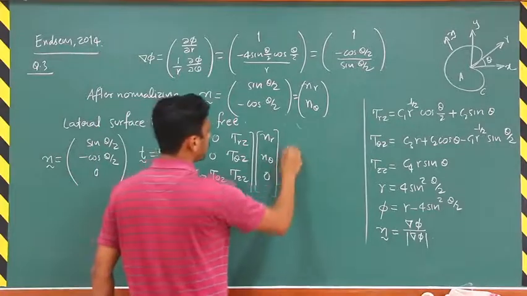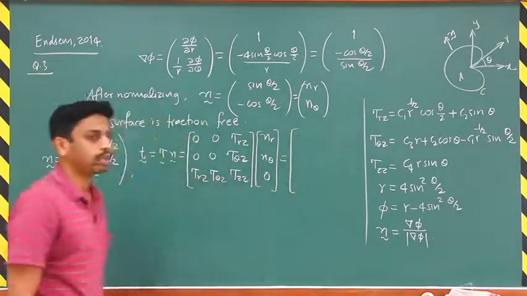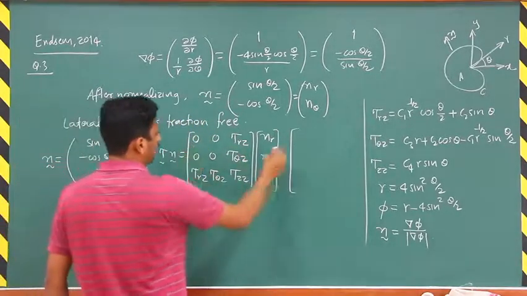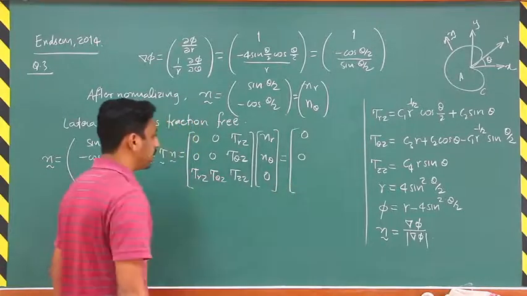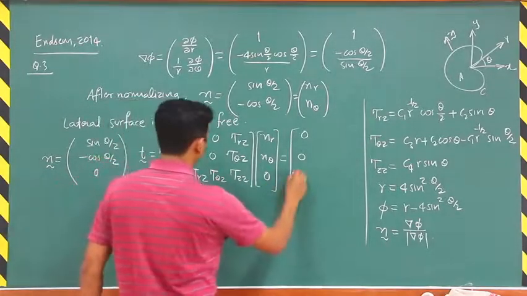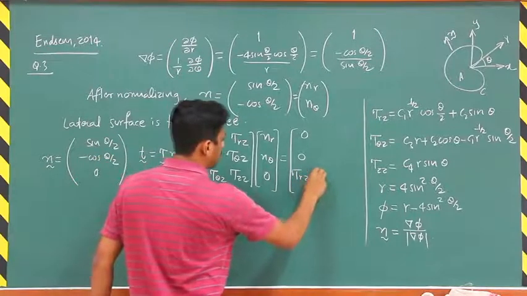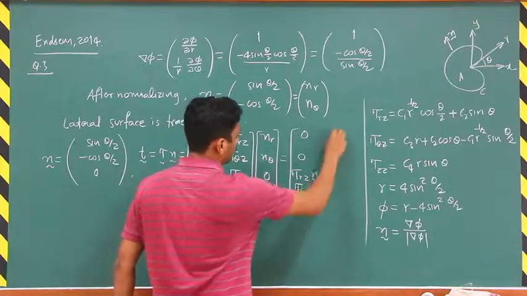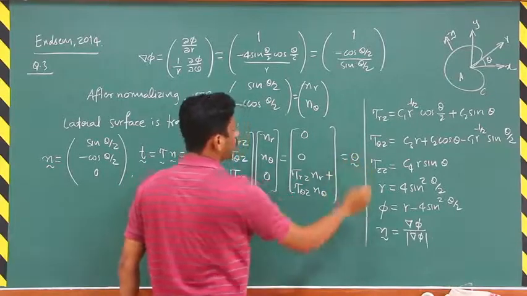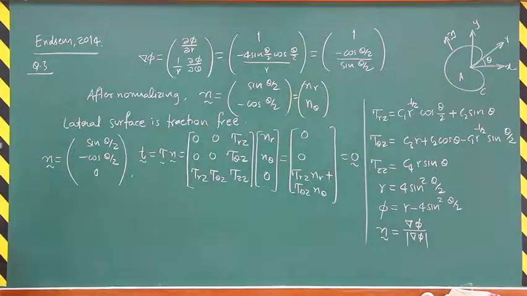So from this equation, we get the traction on the lateral surface to be equal to 0 along the radial direction, 0 along the theta direction, and in z direction we have a component tau r z nr plus tau theta z n theta. But it has to be equal to 0 as this lateral surface is traction free.